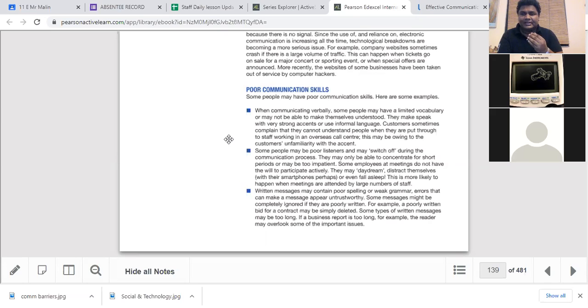The accent, how you pronounce something, is what is called an accent. Sometimes it is a skill issue, or limited vocabulary, only a few words. As a result, the language, the method, the ideas you can communicate will be limited. And also, some people may be poor listeners, and may switch off during the communication process.